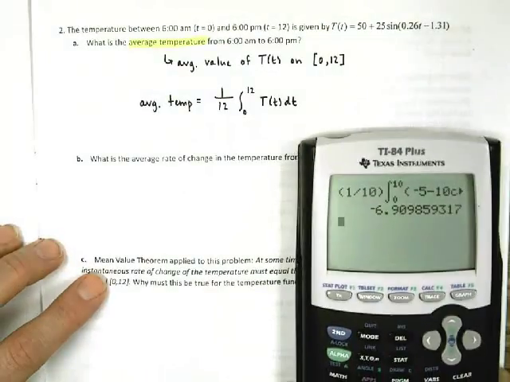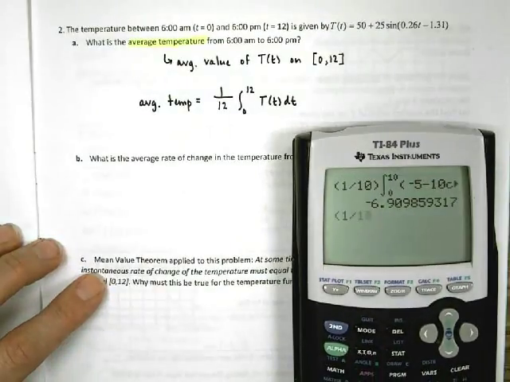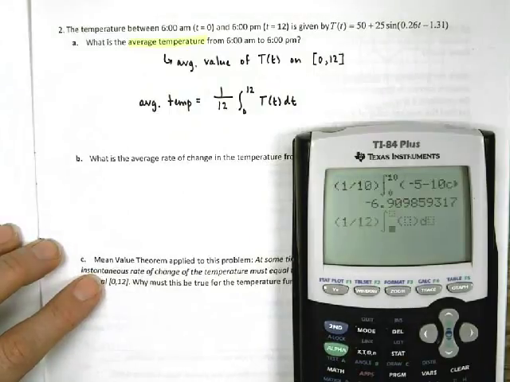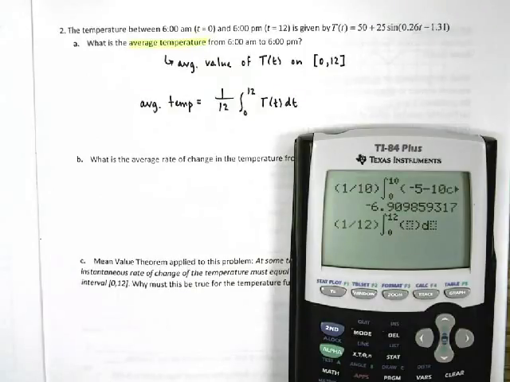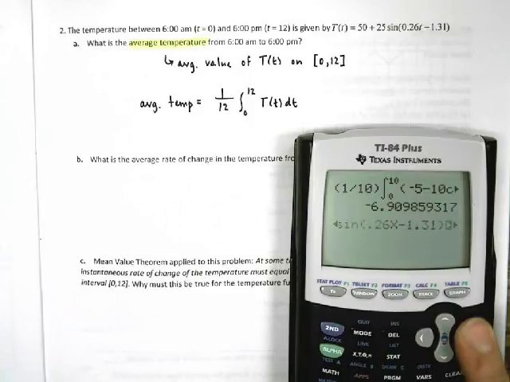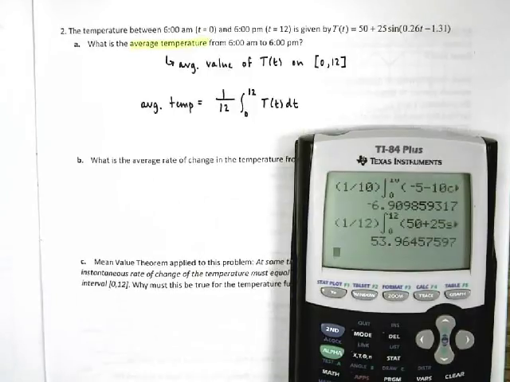And we're going to use our calculator for that. So I have 1 divided by 12 times the integral from 0 to 12. And let's see, our temperature function is 50 plus 25 times the sine of 0.26x minus 1.31 dx.